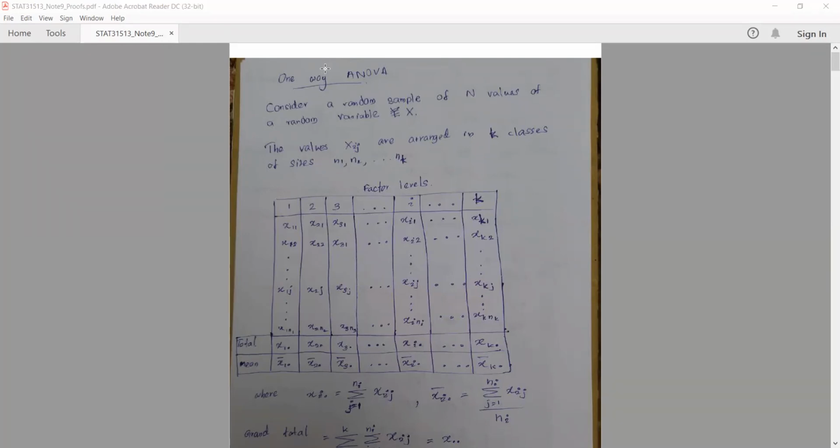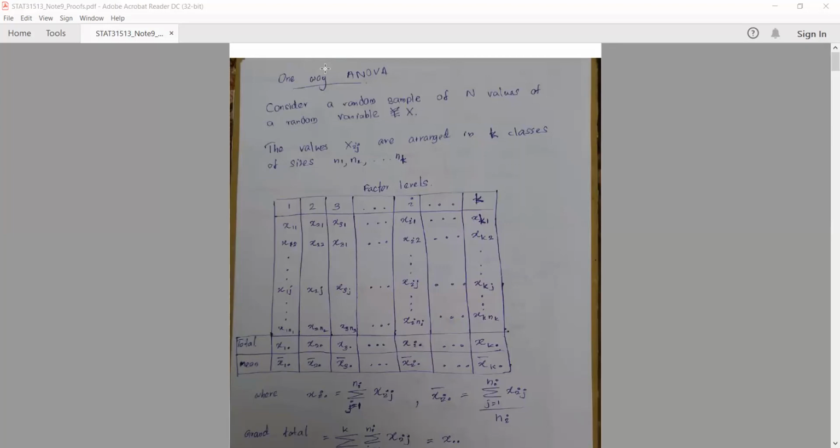For example, if you remember the teaching methods example, where you have 4 teaching methods, teaching method is our factor, and since we had 4 different types of teaching methods, you had 4 treatment levels. Likewise, we take each level of the factor as a treatment.